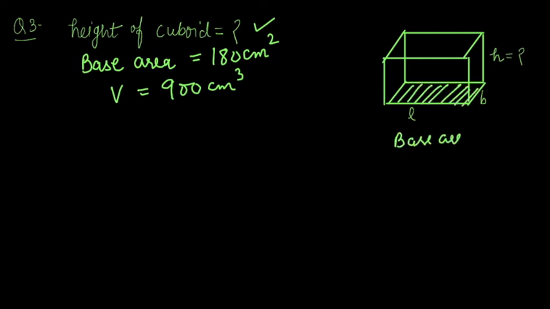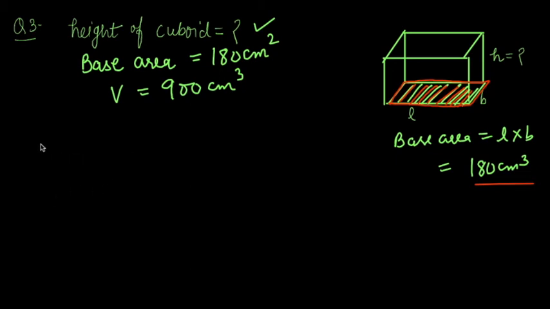Base area is length into breadth, which is equals to given 180 centimeter square, right? Because in this figure you see this is your L and this is your B. So this is your base, and if I want to calculate the area of this rectangular sheet, this will be length into breadth. So this is already given. This base area is given as 180 centimeter square, and the total volume of the cuboid is given. You simply need to calculate the height.